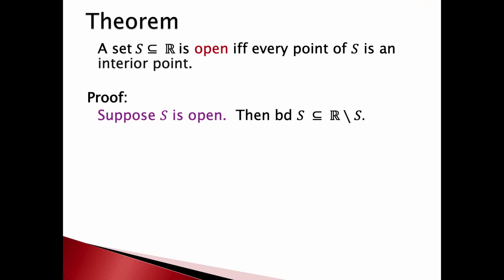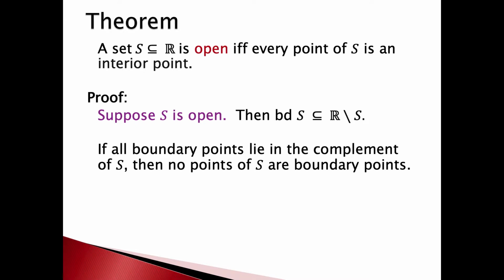The boundary of S lies in the complement of S. Okay? All right, well, what can we do with that? The boundary of S is in the complement, and we want to show that every point is an interior point. Well, if all the boundary points are in the complement, then there aren't any points in S that are boundary points.